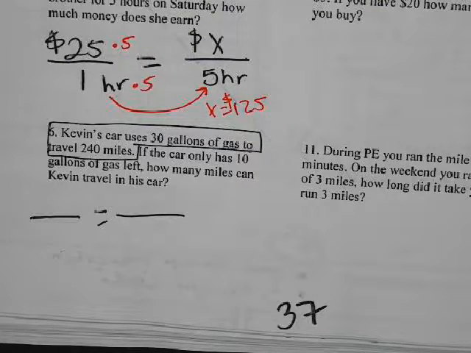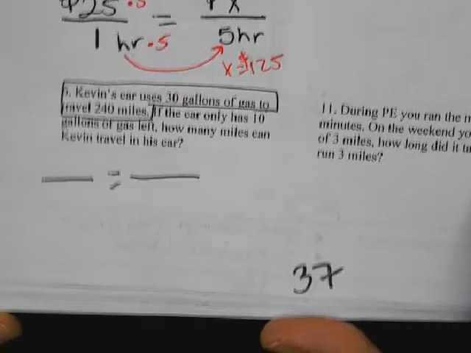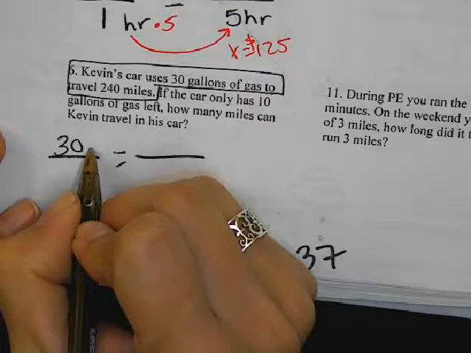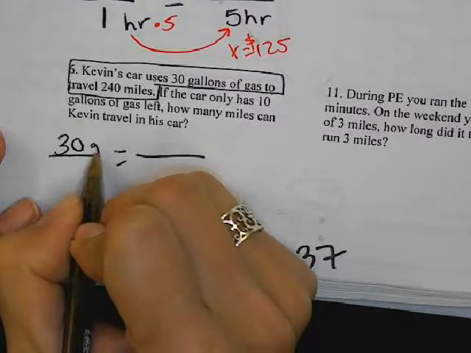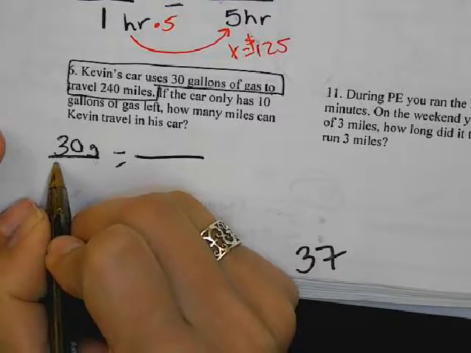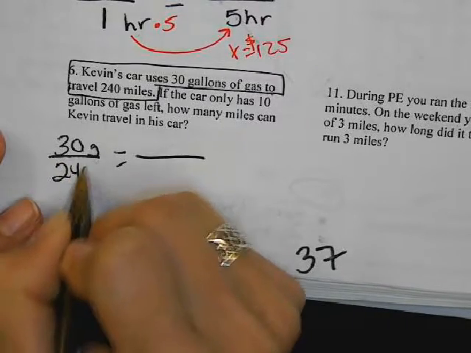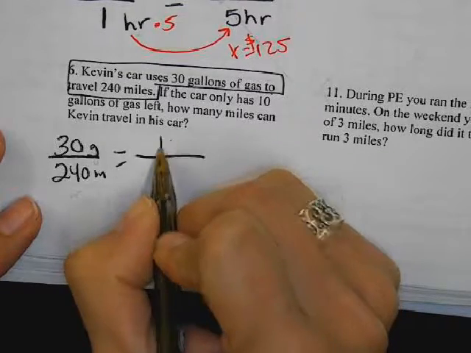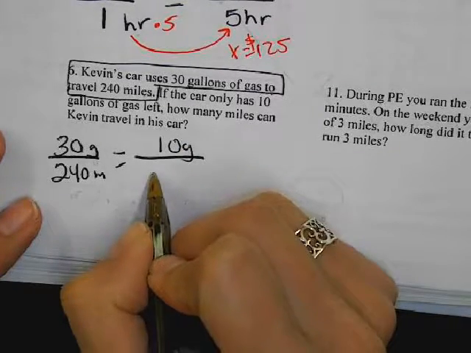Who wants to raise your hand and tell me what is the proportion? 30 what? 30 gallons. Good. Over what? Good. 240 what? Miles. Thank you. And then what goes on top? 10 gallons over?